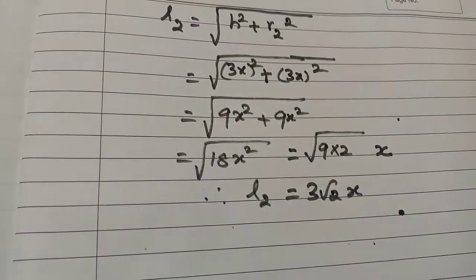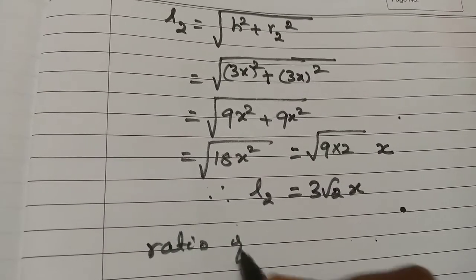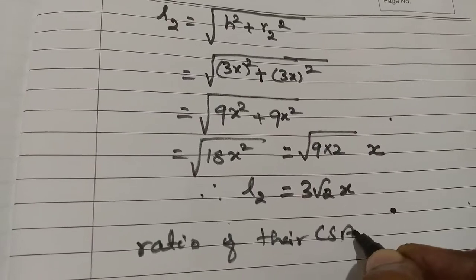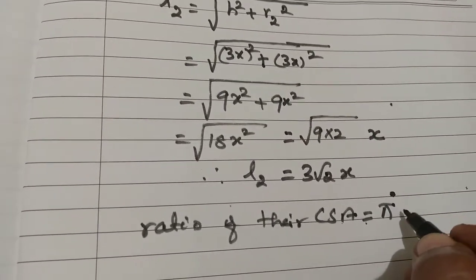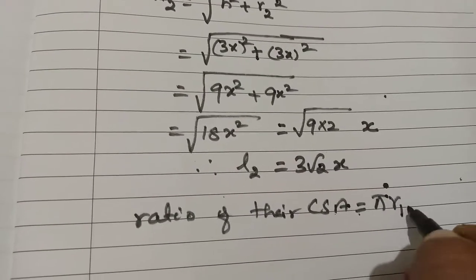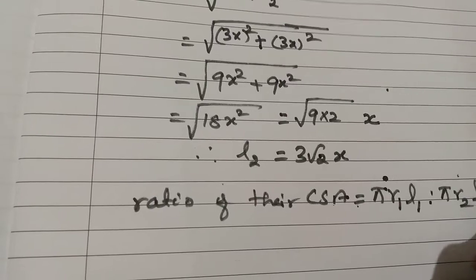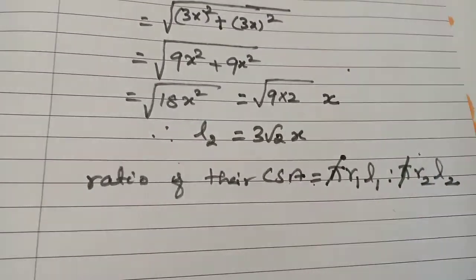We need the ratio. Okay, the ratio of their CSA, curved surface area, what is the formula? Pi RL. Here we have two cones, so pi R1 L1 is to pi R2 L2. Here pi can be cancelled.